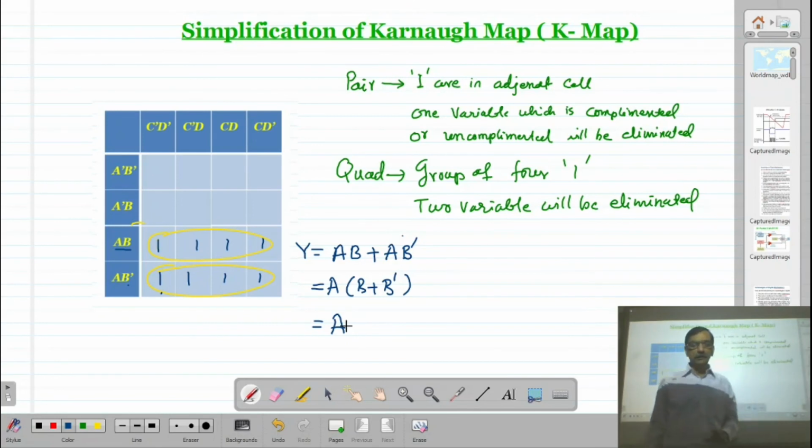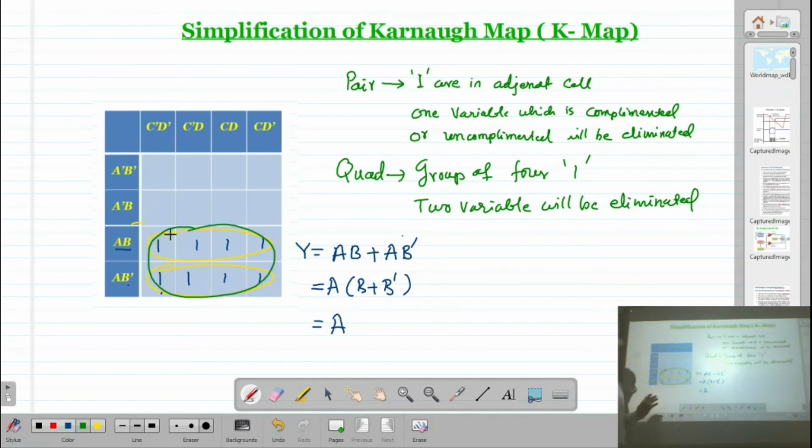So what does this indicate? 3 variables are eliminated. Why are 3 variables eliminated? Because we have a group of 8 high levels, and it is known as an octet.